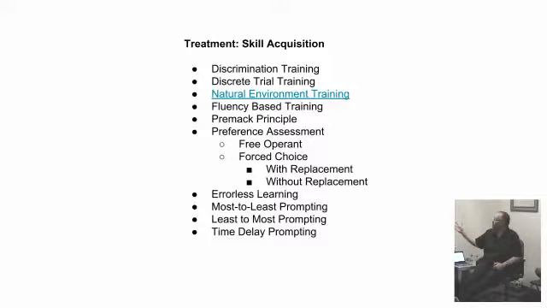Natural environment training. This is the one we don't do very often. The big idea behind natural environment training is that rather than doing discrete trial teaching, rather than getting a kid in a chair and making him do something, you just let them kind of wander around and pick an activity, and then you use whatever they choose to do as the stimuli and the opportunity to teach.